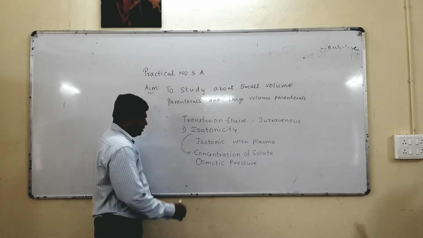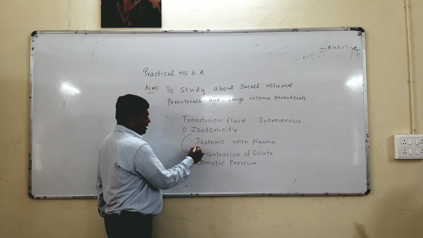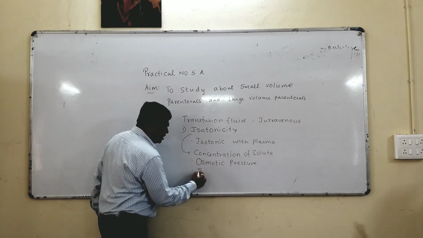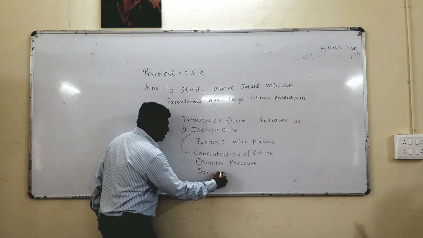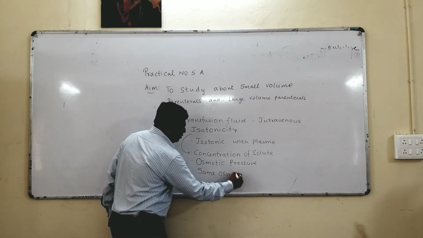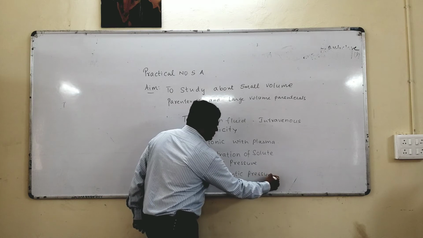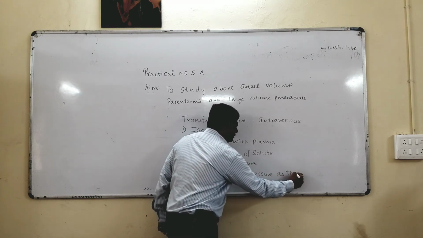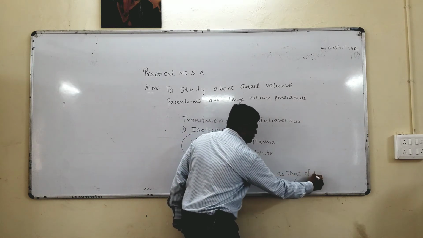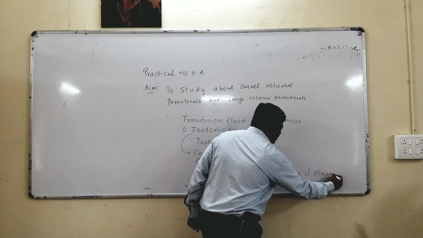Isotonic means same osmotic pressure as that of plasma. Why is isotonicity required?